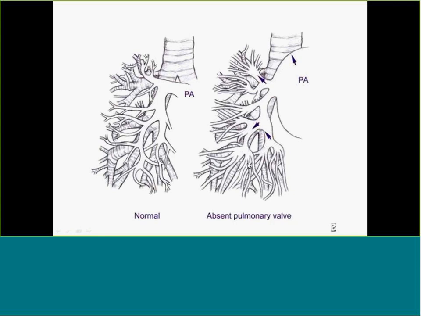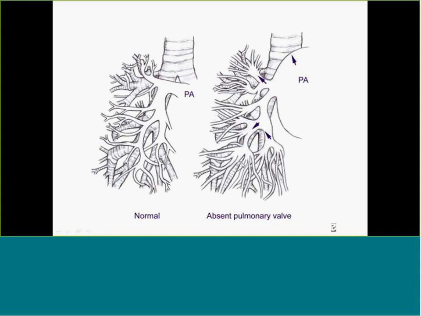Therefore, there is hardly any space between the branches of the pulmonary artery, which surround the small airways and often cause compression of the small airways. Therefore, there is airway compression at two levels in absent pulmonary valve syndrome. One, a hugely dilated pulmonary artery, which compresses the left main bronchus or the right main bronchus or sometimes the lower trachea.